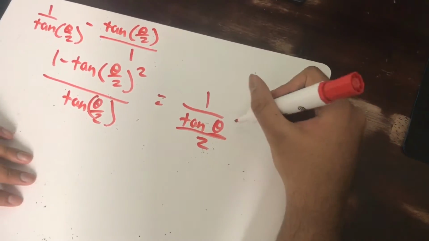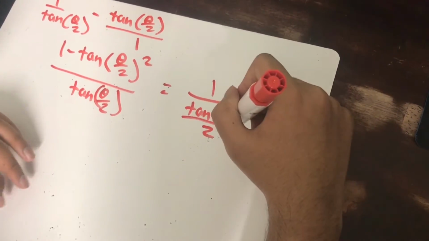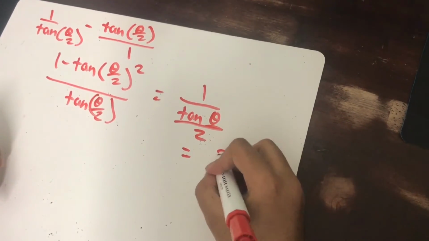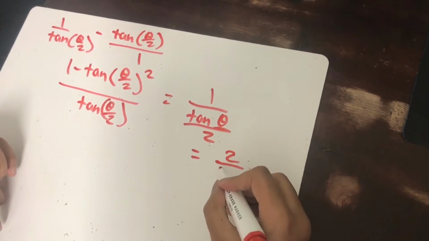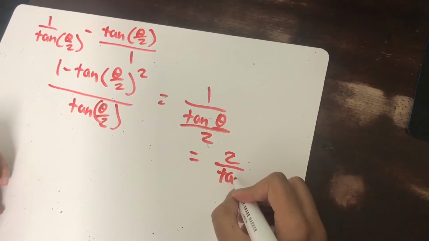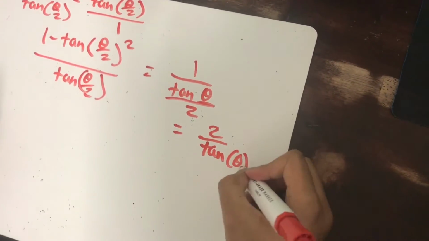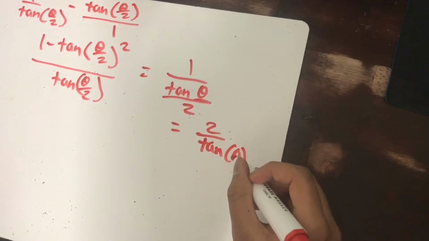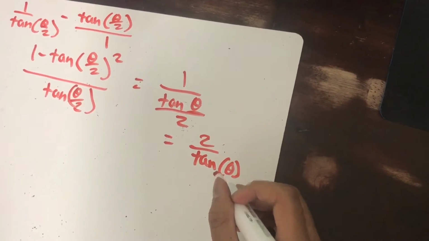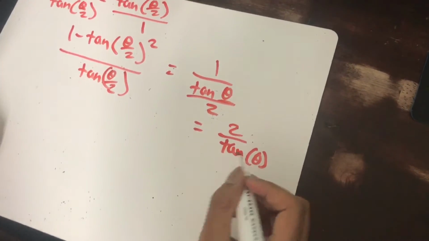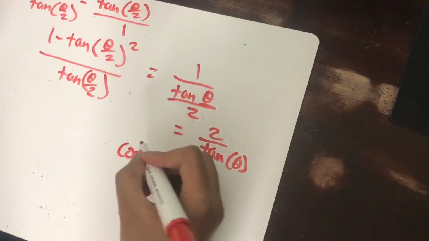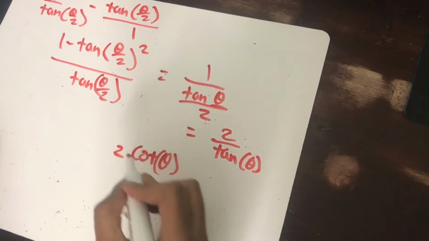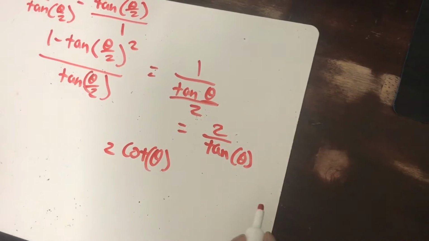And now we're going to simplify this complex fraction again. So when we do that, it's going to be 2 over tan of theta. And now we can turn this into our cotangent. So it's going to be 2 cotangent of theta. And we proved it. This is our answer.